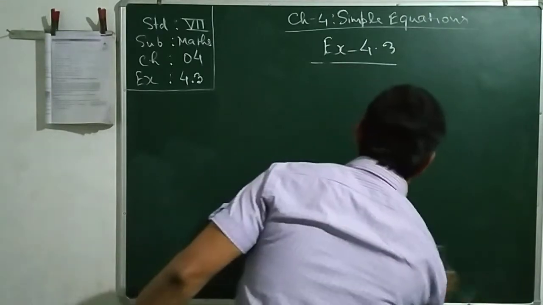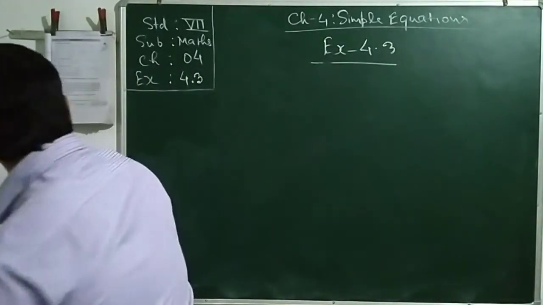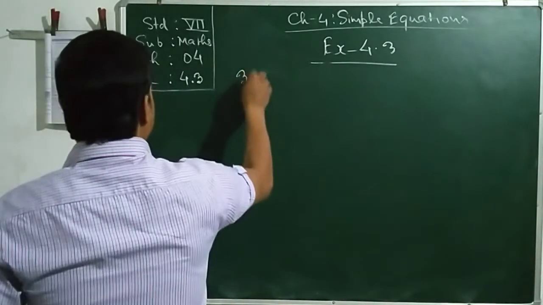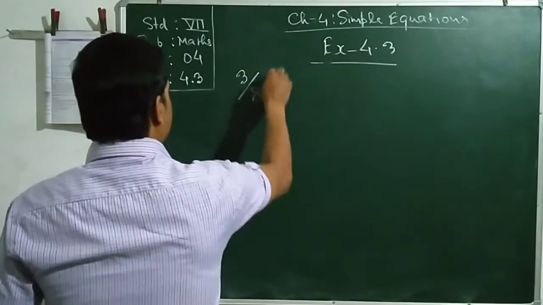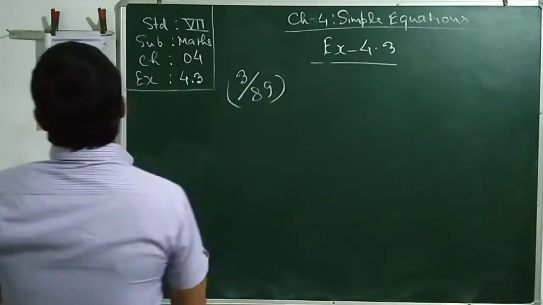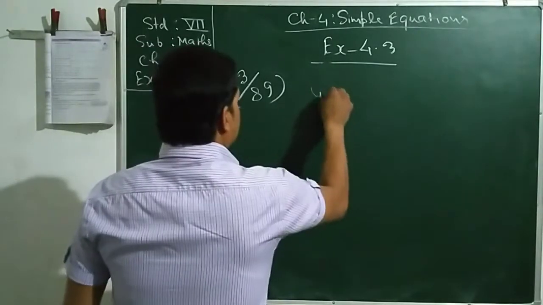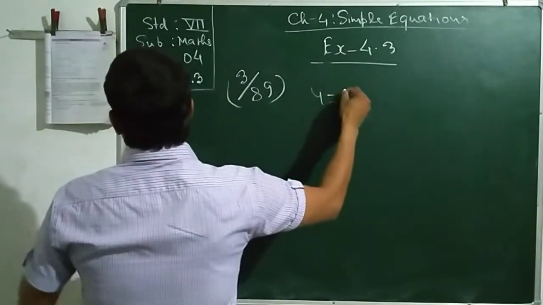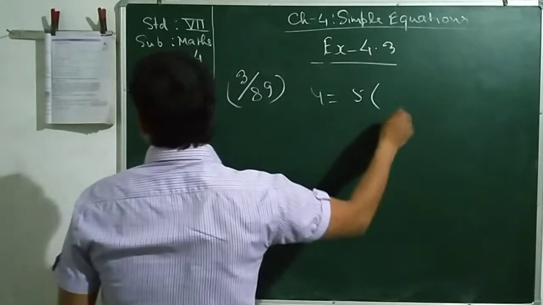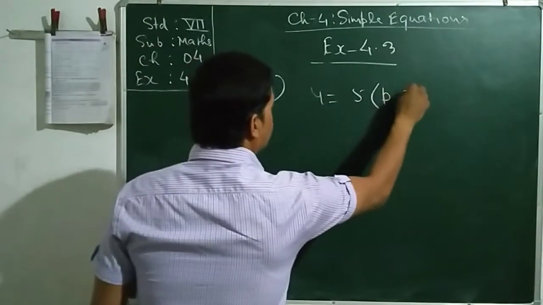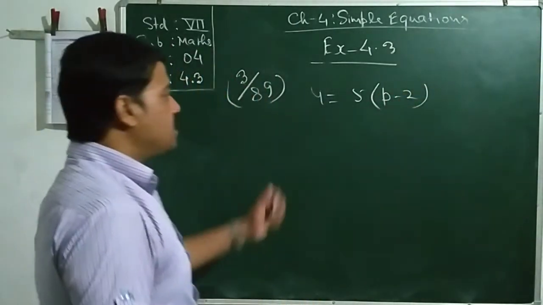In the sum number 3, the first one, that is A number sum, in page number 89, is 4 equals 5 (p minus 2). Within bracket it has been given.